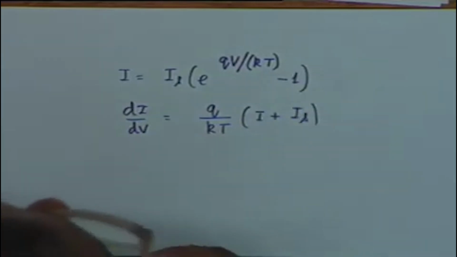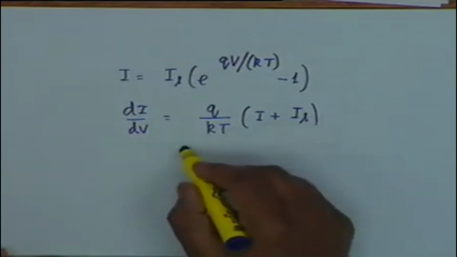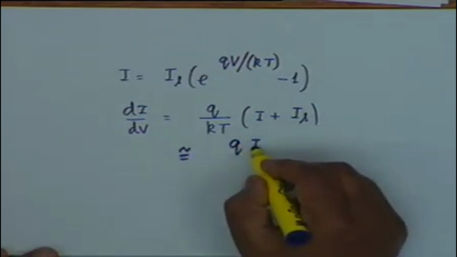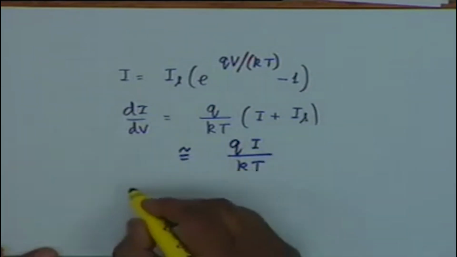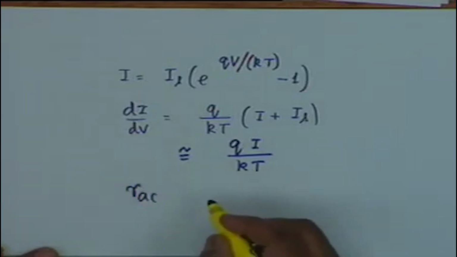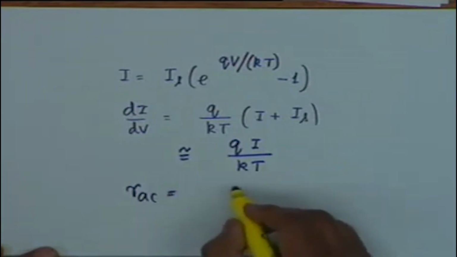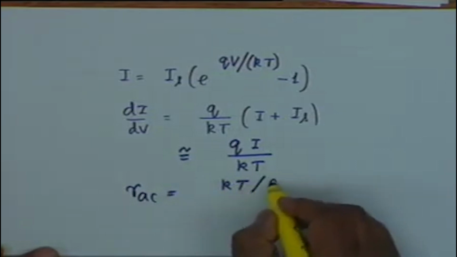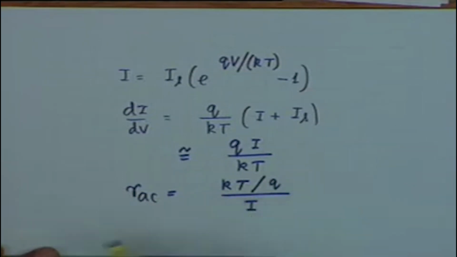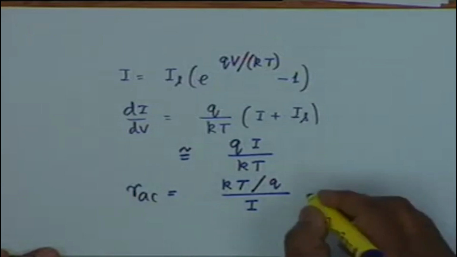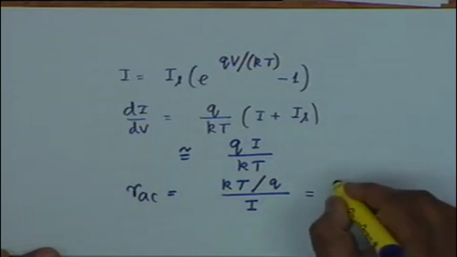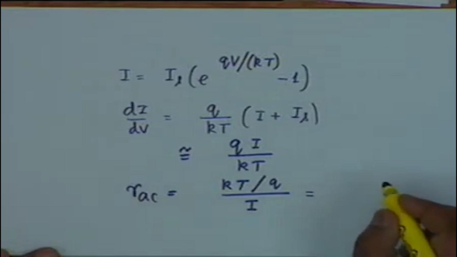If you actually differentiate, you can put it in this form, which is approximately equal to q I by kT. So r AC for the diode will be given by kT by q divided by capital I, where capital I is the DC Q point current of the diode, and kT by q at room temperature, you know, is 25 millivolts.